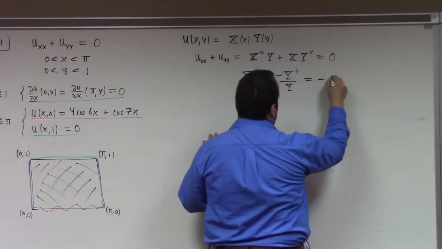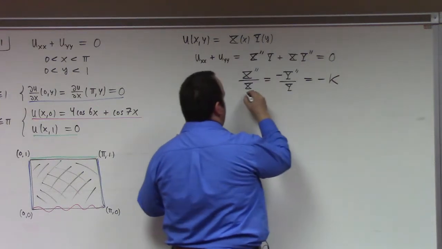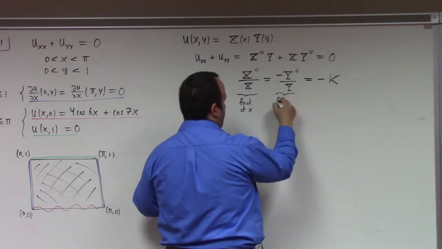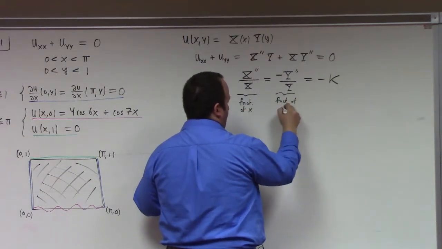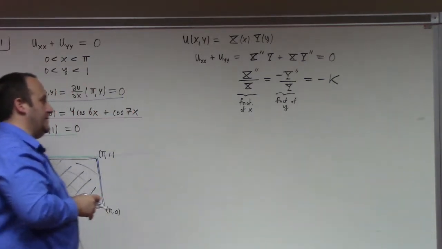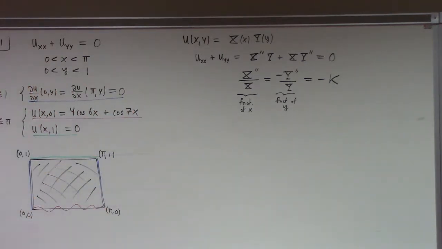Why can I do that? Why is it a constant? Again, this is a function of x, right? This is a function of what? Y by construction, so they must meet in the middle at a constant.